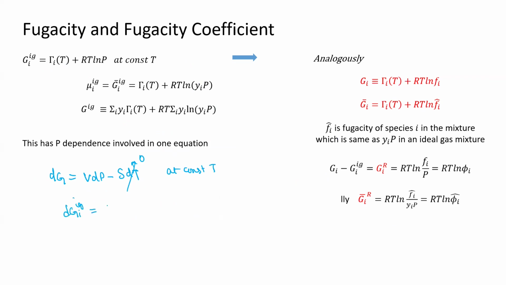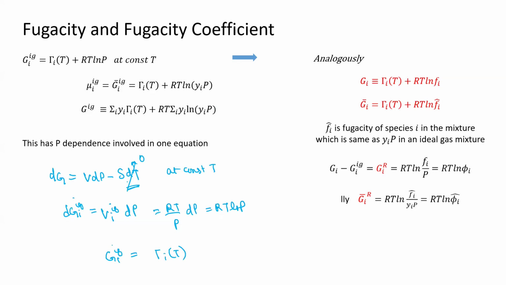So dG_i^ig for the pure species, I can say, is equal to V_i^ig dP equals RT by P dP equals RT d ln P. On integration, I will get G_i^ig equals some integration constant, which is a function of temperature. Generally, G is a function of T and P here, but we have excluded this.